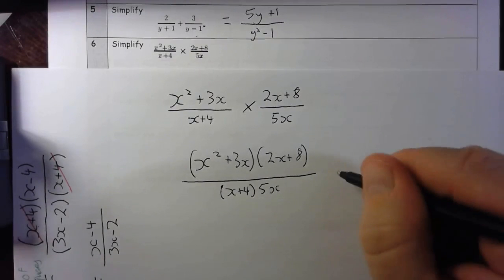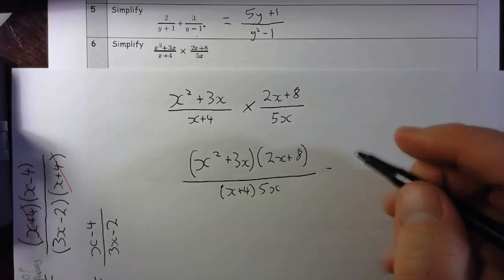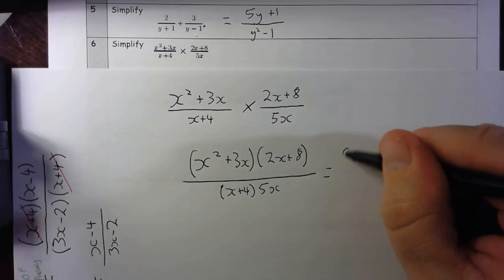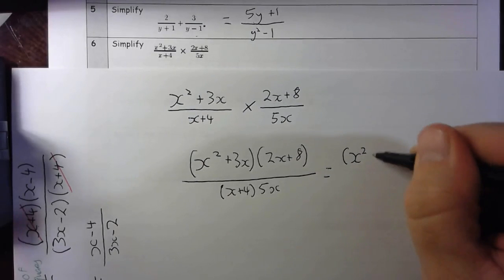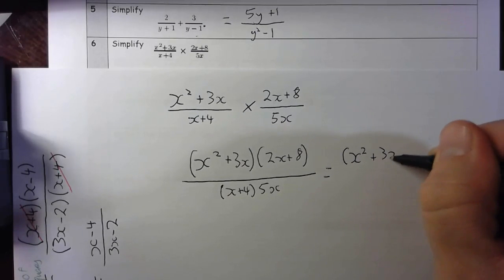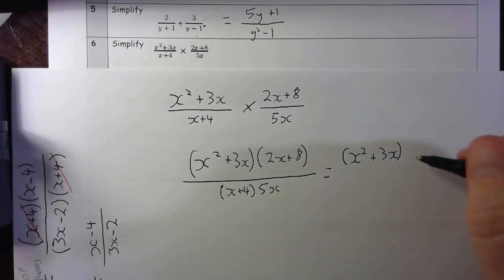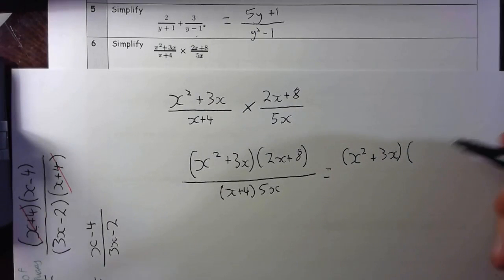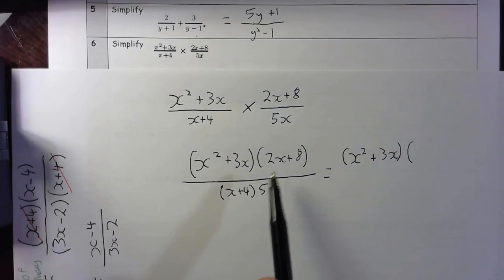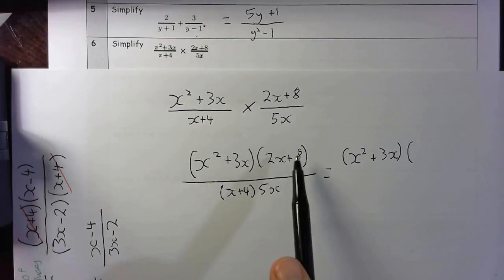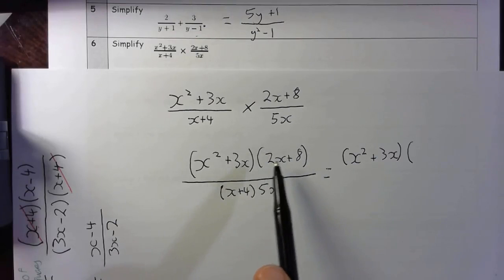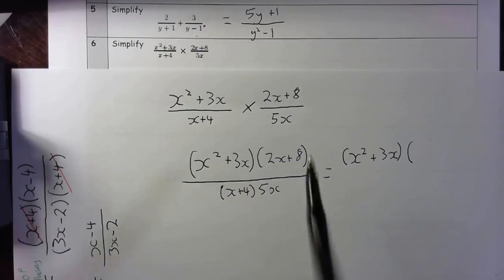So what I can do is say, right, that's the same as, I'll keep this bit the same, x squared plus 3x. That doesn't change. And then this part, this is the different bit now. So I'm going to now take 2 out. 2 is a factor that I can remove from this.